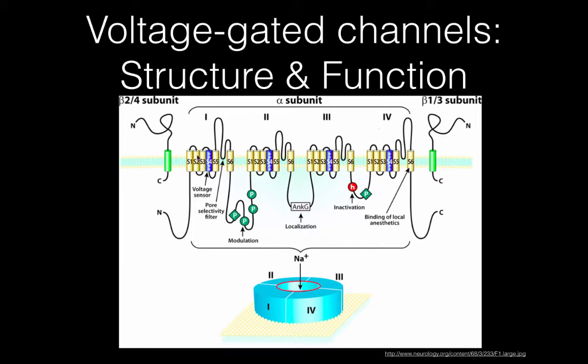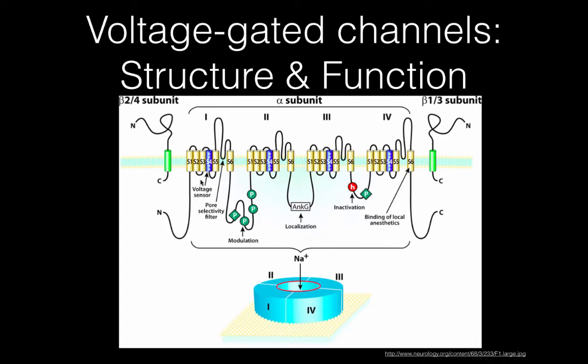Each domain has some subdomains, 1, 2, 3, 4, 5, and 6. These subdomains give rise to major functions of the channel. For instance, it is theorized, and there is great wealth of support, that the S4 subdomain of the voltage-gated sodium channel is the voltage sensor.